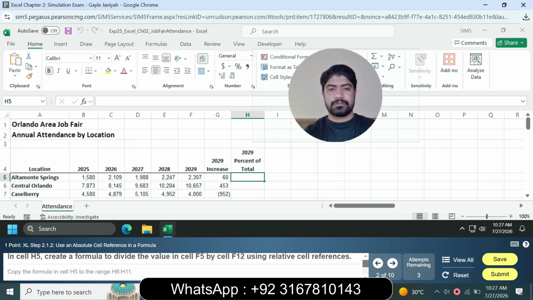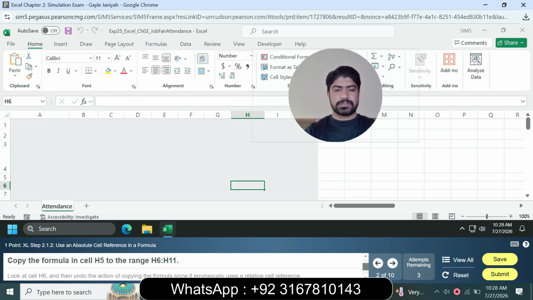Select the cell H5. Type equals F5 divided by F12, and apply the absolute reference, and press Enter.